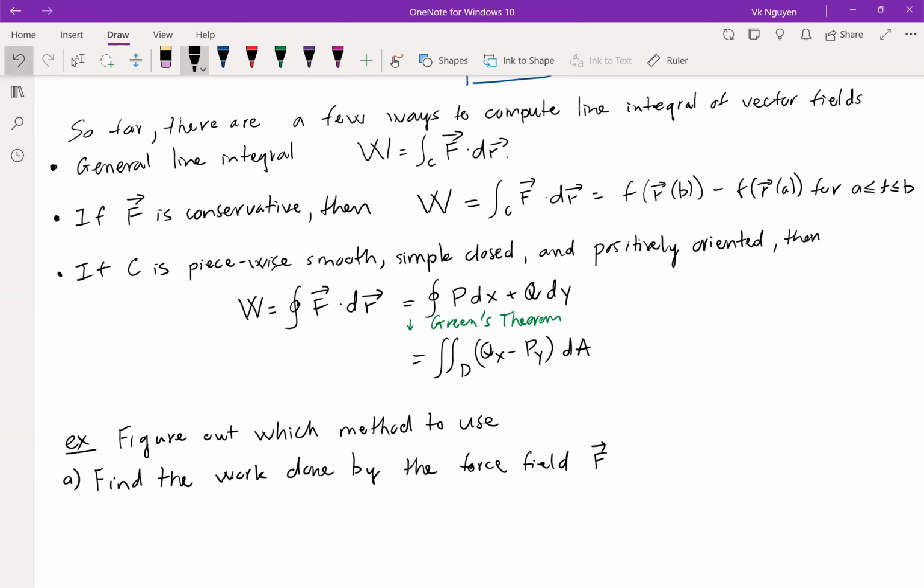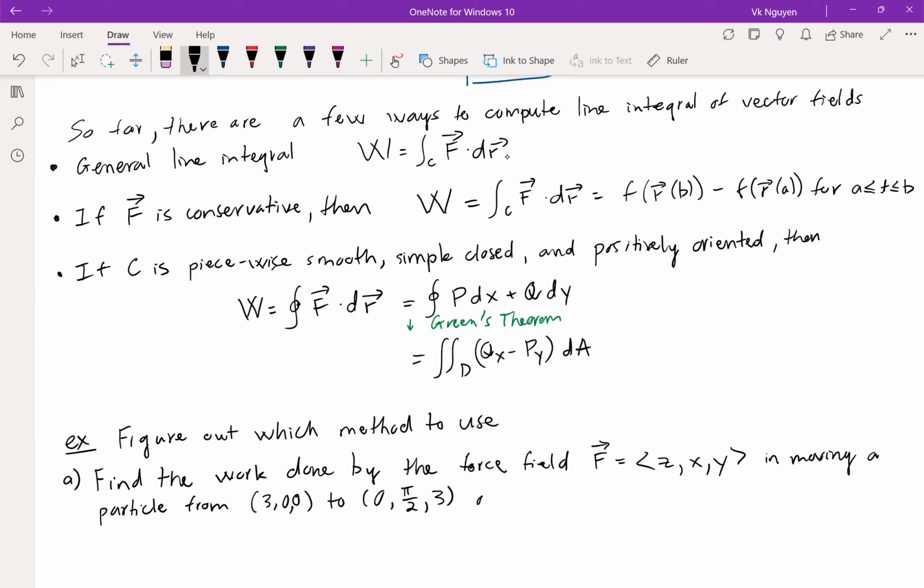Okay, so here's the vector field, z, x, y, in moving a particle from (3, 0, 0) to (0, 2, 3) along the curve C. Along this one: 3 cosine t, t, 3 sine t. So that's the first one.